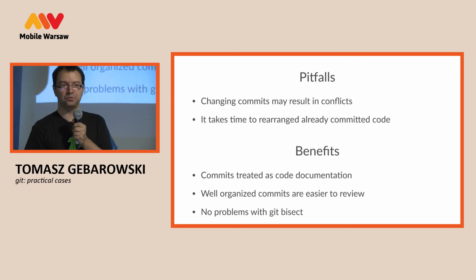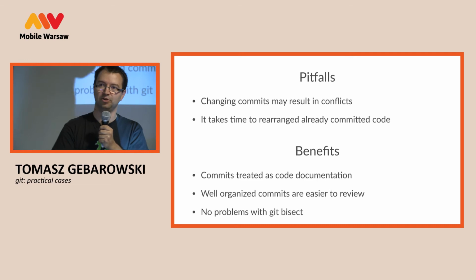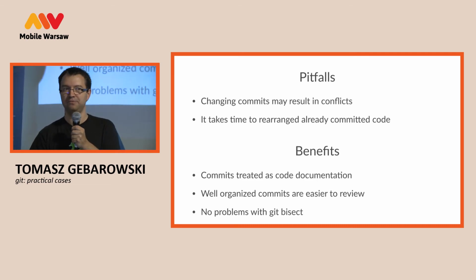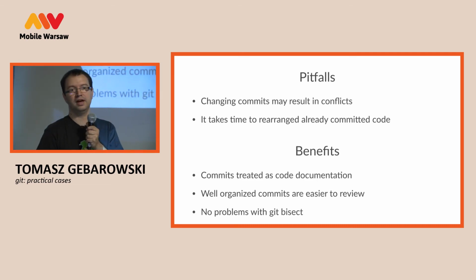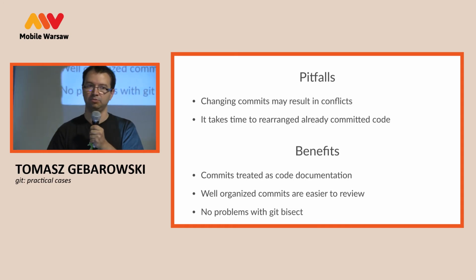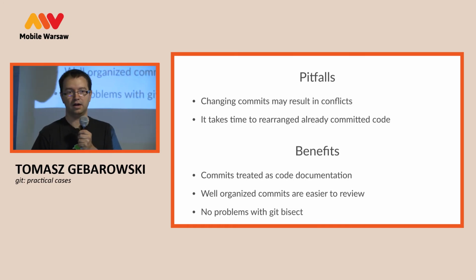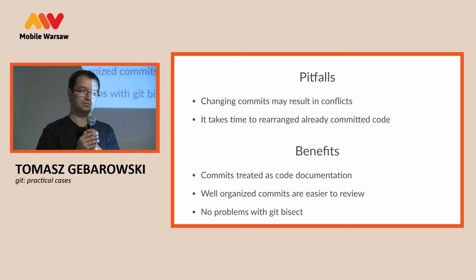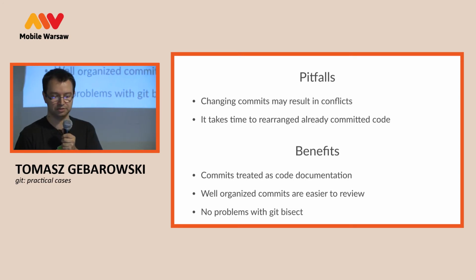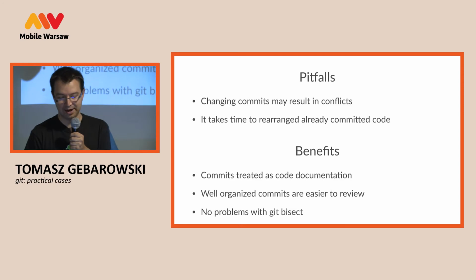Sometimes it's not worth investing time in resolving some hard conflicts. But I think that when you think about having clean history in advance, then those conflicts are less likely to occur during this process. And of course, it takes time.